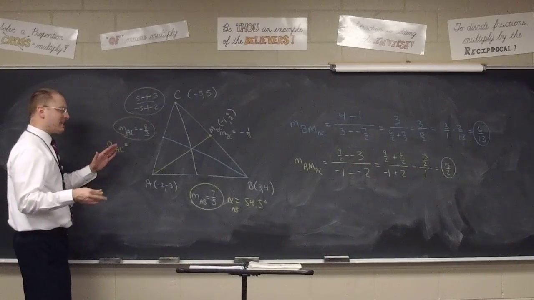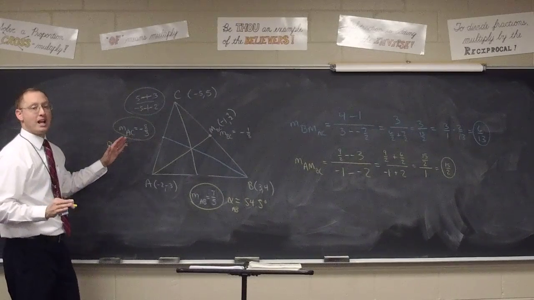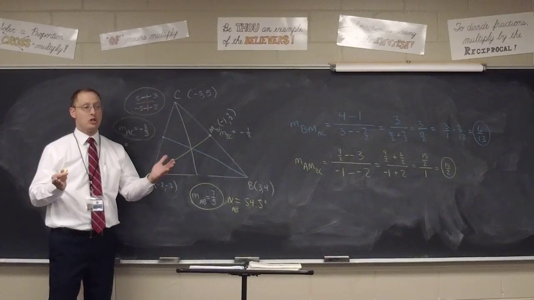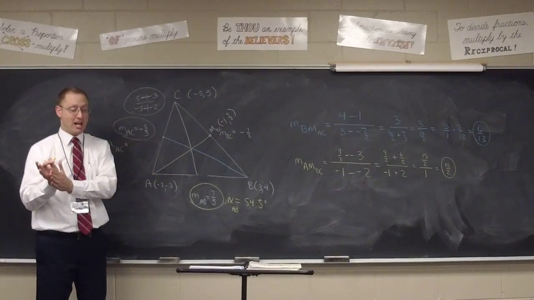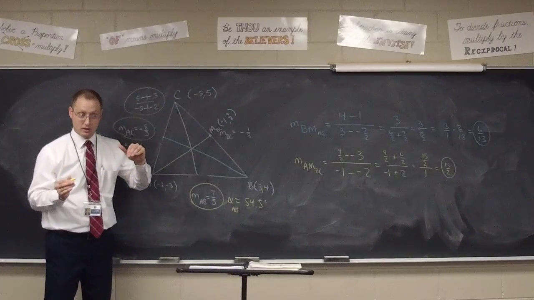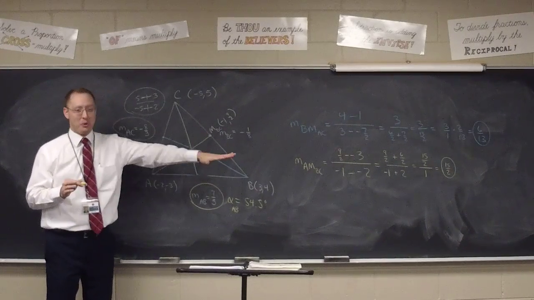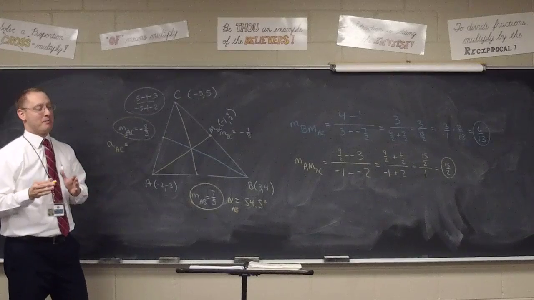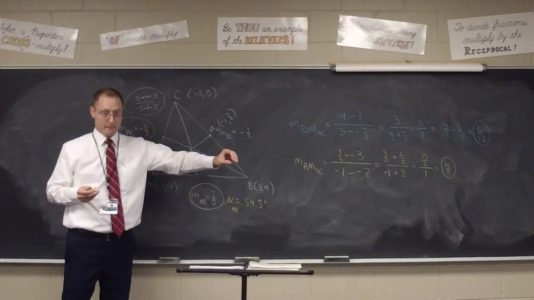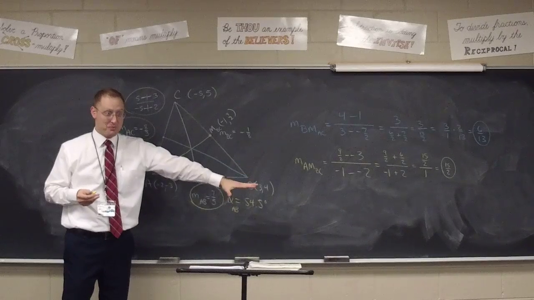All right, what about AC's angle of inclination? -69.4. Initially -69.4, but remember the angle of inclination always falls between what two values? 0 and 180, right? 0 degree angle for slope of 0. Slope 0, angle 0. All of your acute angles are your positive slopes.